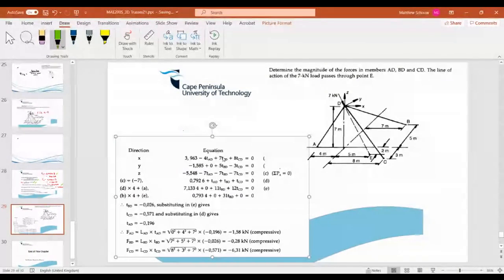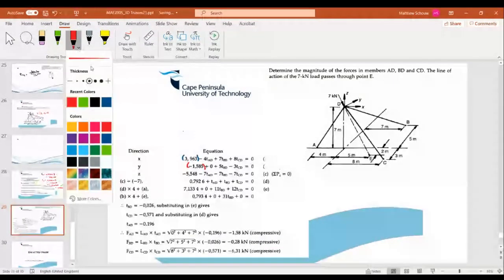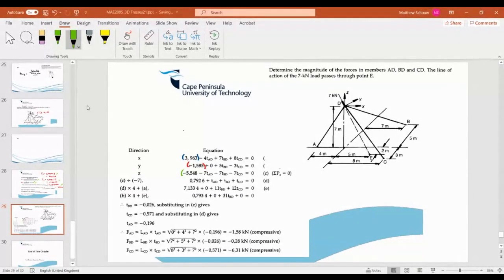Can you see that the 7 kilonewton is split into this, and split into that. We obviously don't worry about D and E because we are above that.